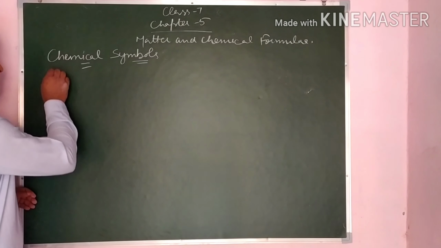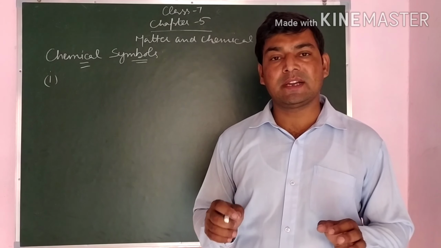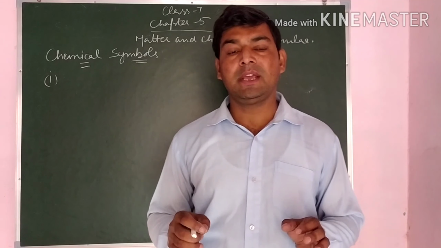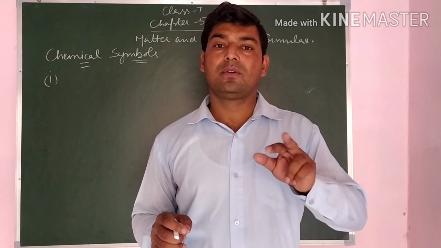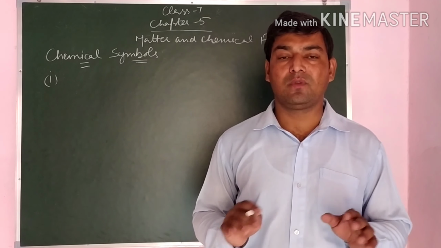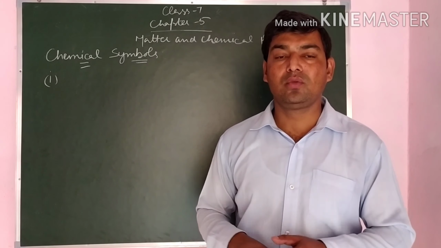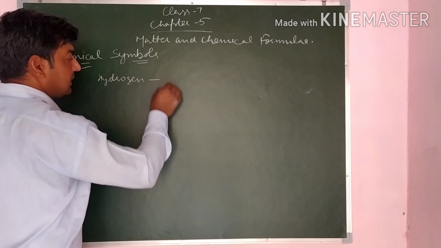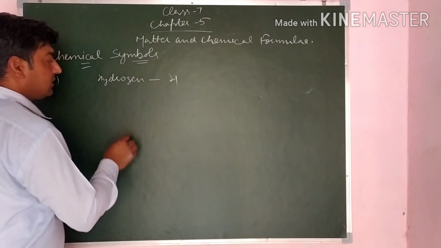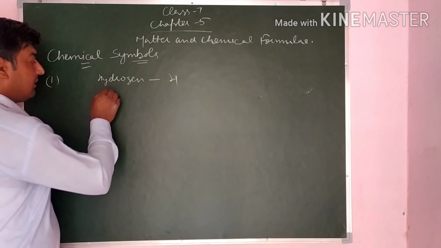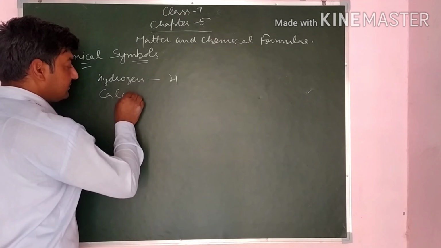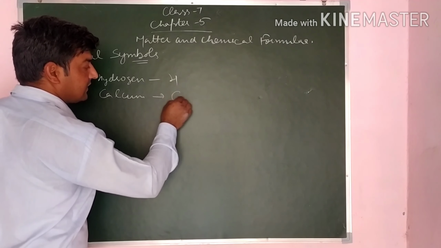First of all, the symbol representation of elements may include one or two alphabets. Like for hydrogen the symbol is H. Similarly we have calcium, Ca.